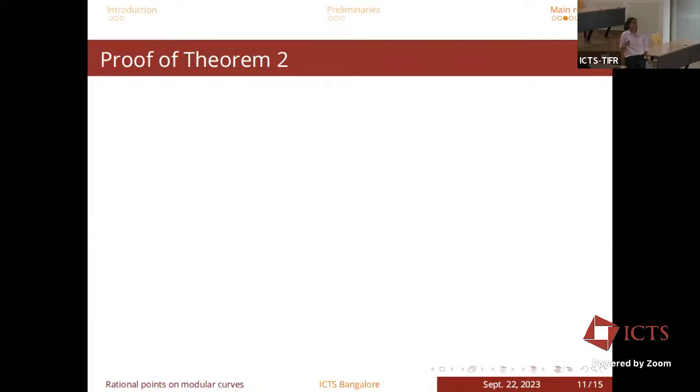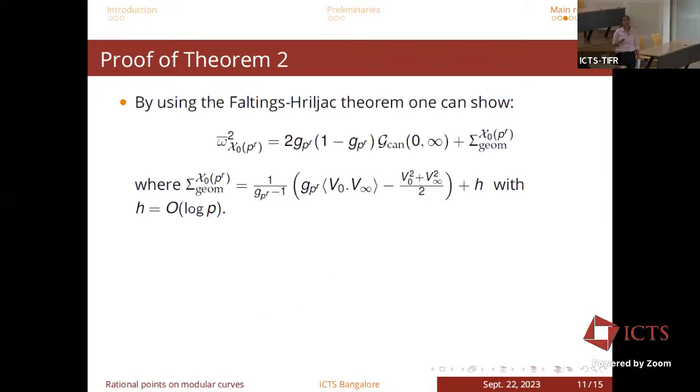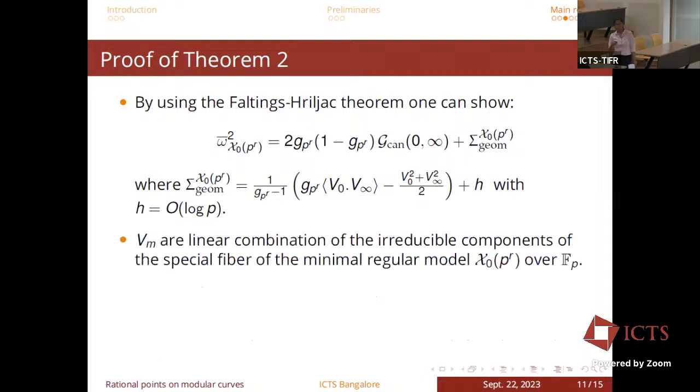Some outline of the proof. By using the Faltings-Hriljac theorem, we get this identity, which I think I also mentioned earlier. Then we explicitly compute V_0 and V_infinity, which are linear combinations of all the irreducible components of the special fiber of the minimal regular model.